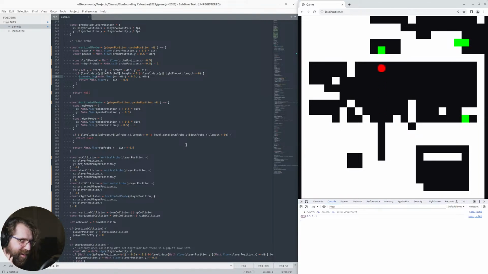So I see what's happening. I totally see what's happening. It's projecting forwards, projecting in that direction, encountering a wall, so it's going, oh, okay, in the future my position is going to be basically in this wall. It's detecting this as an up collision. No, if it were doing that though, my position would get reset to there.